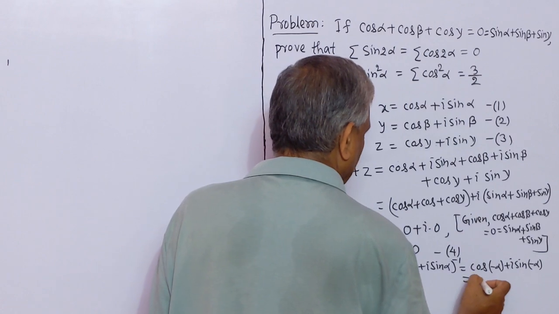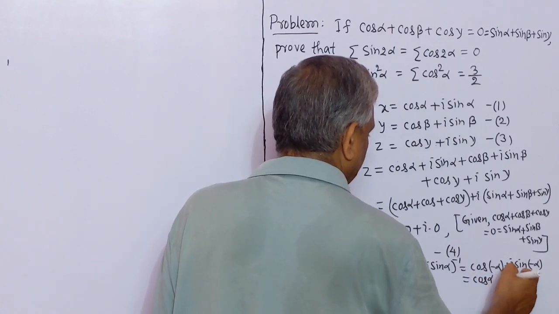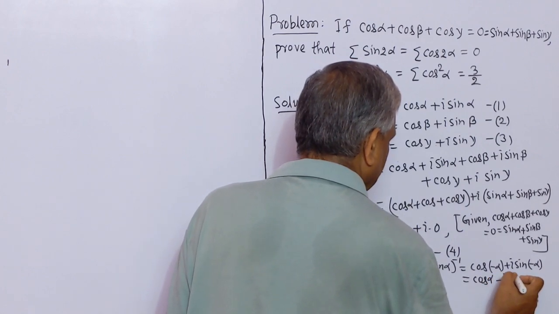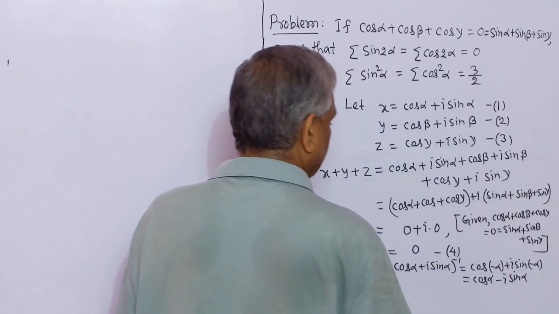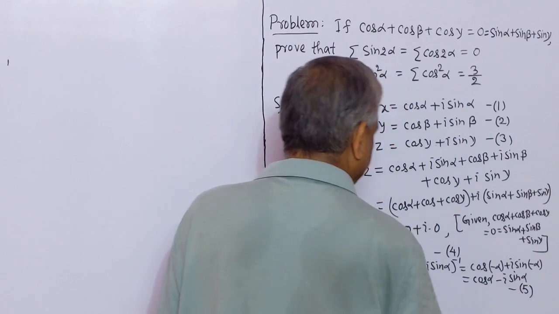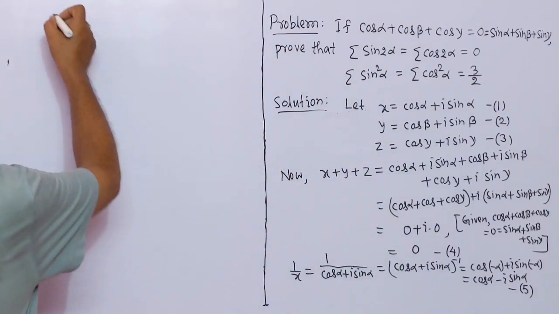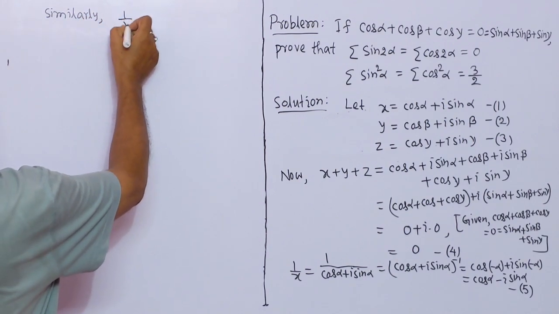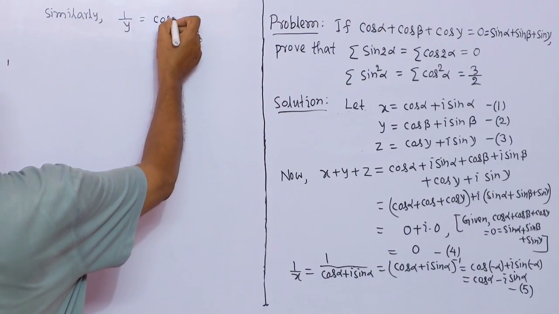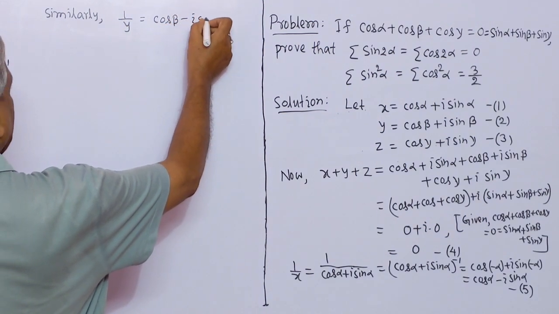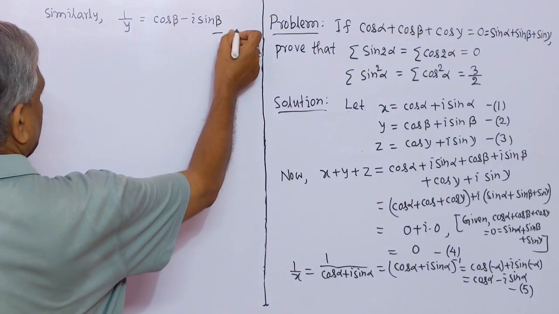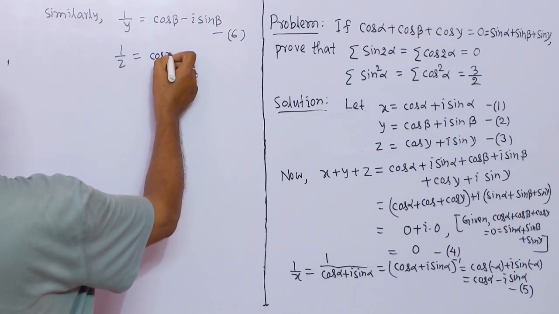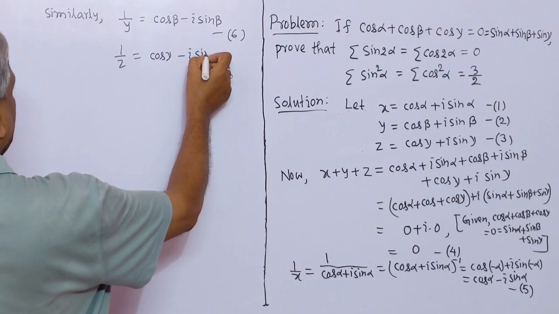Cos minus alpha is cos alpha and sin minus alpha is minus sin alpha, so cos alpha minus I sin alpha. This is number 5. Similarly, 1 by y equal to cos beta minus I sin beta. This is number 6.